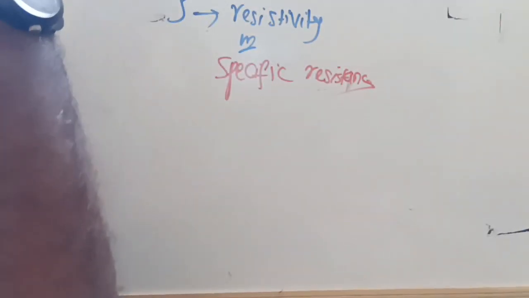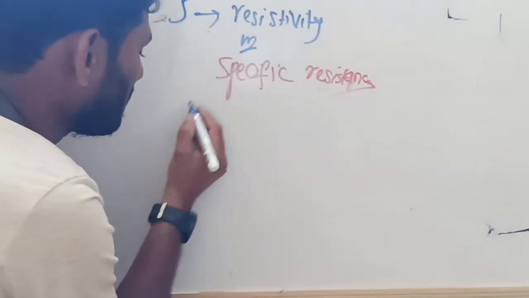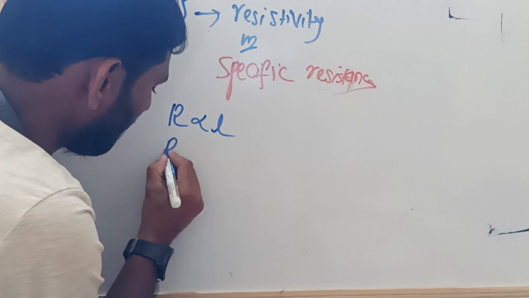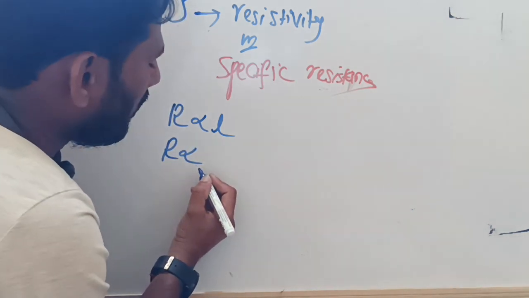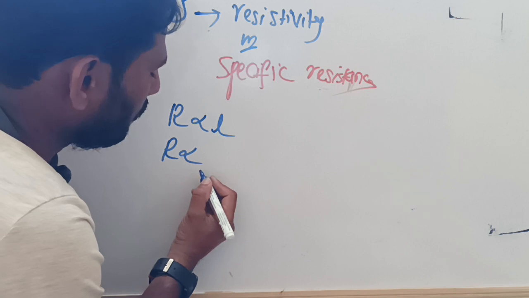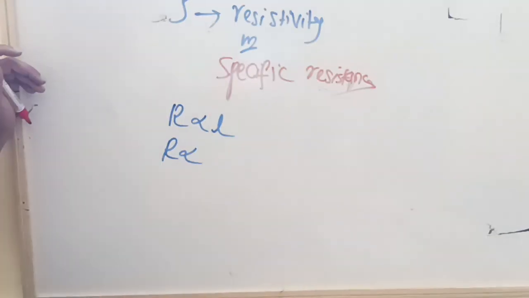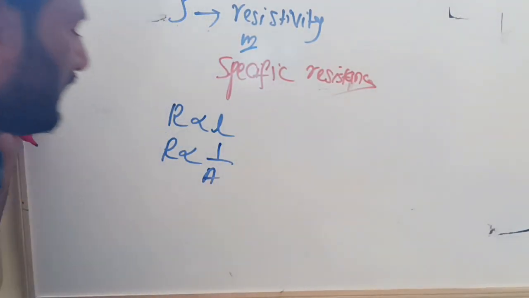So see how this equation gives the resistance. First, the resistance of a conductor is directly proportional to the length of the conductor. Resistance of the conductor is inversely proportional to the area of the material of the conductor.